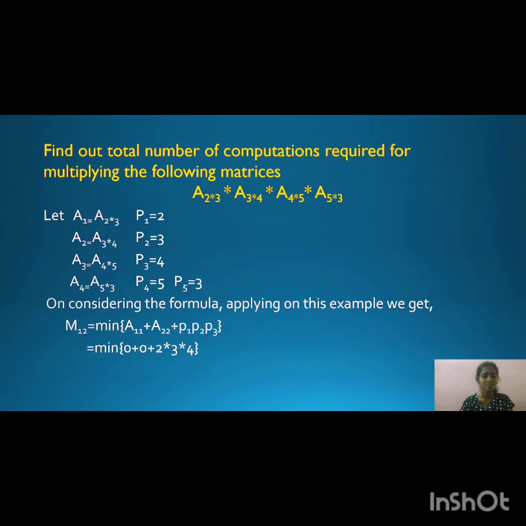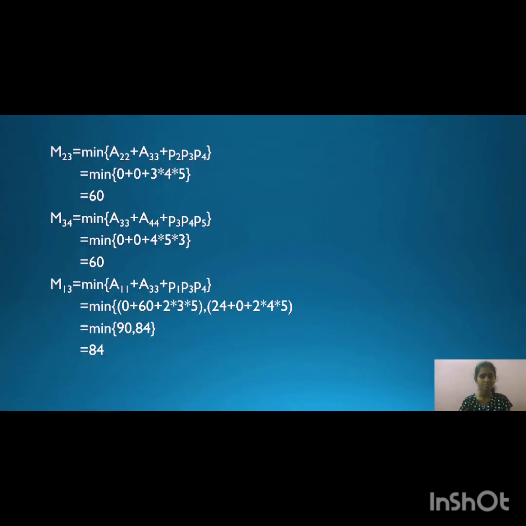We obtain, since M11 and M22 are zeros, because Mii is equal to 0, they both are considered to be zeros. And substituting P1, P2, P3 values from above, such as P1 is equal to 2, P2 is equal to 3 and P3 is equal to 4, we obtain the final solution for M12 as 24.